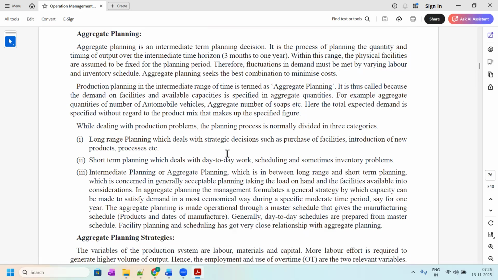For the year they can plan a master schedule and then create day to day schedules, so that they can have an overall idea about the production, what is happening with the planning, and what they made with the production. I hope that part is clear to you.